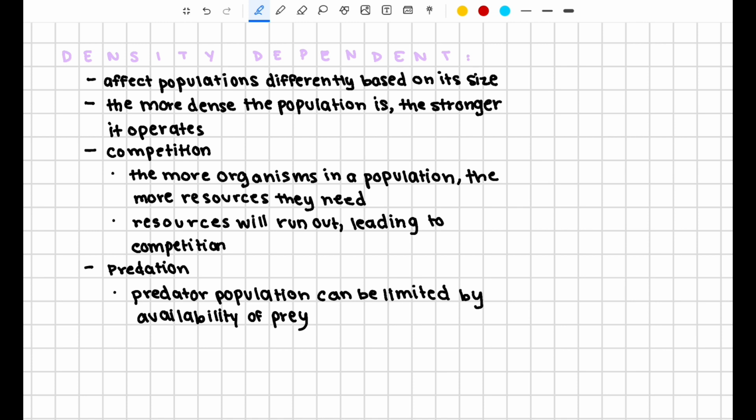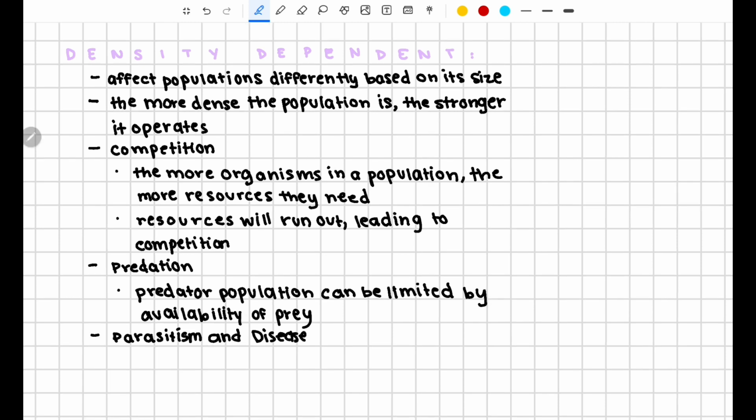There are fewer animals to feed, and so they wouldn't be as affected by the availability of the prey. Yes, they would be in a way, because they are also less likely to get food. But when we talk about density-dependent factors, we still consider predation a density-dependent factor because it influences larger populations much more. It affects them much more than it does the smaller ones.